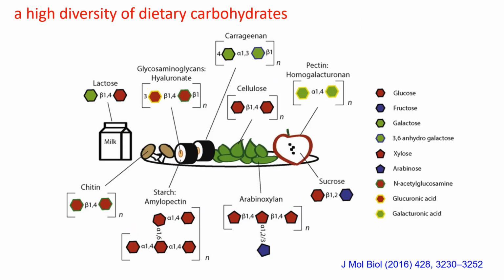If you think about what you eat every day, there is a high diversity of dietary carbohydrates in our foods, from milk to veggies to fruit and meat. These carbohydrates exist as various polysaccharides and glycoproteins containing a high diversity of monosaccharides and of the linkages that connect them into glycan polysaccharides.